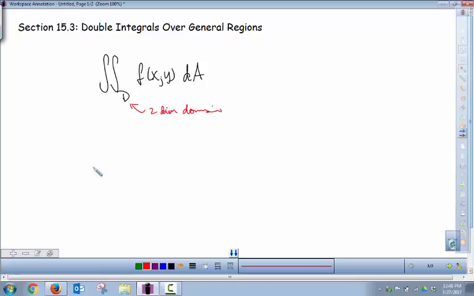The two-dimensional domain is something you can definitely draw because it's in two dimensions. If you want to attempt to draw the three-dimensional figure to find the volume, which is one application, you can try to draw that as well. But in the work that you would be doing, I would expect to see the two-dimensional drawing, the two-dimensional domain.